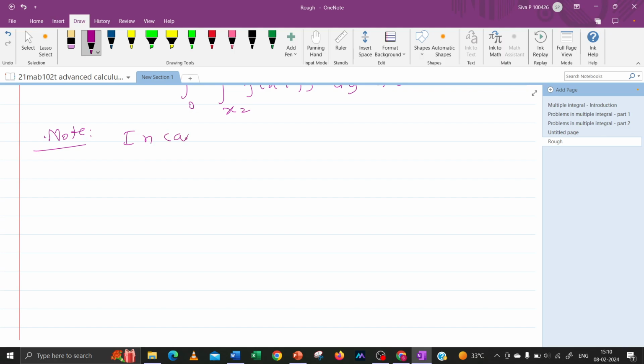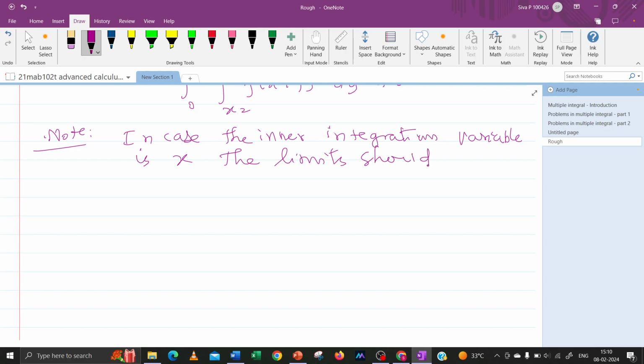In case the inner integration variable is x, the limits should be in terms of y, or constants, no problem.